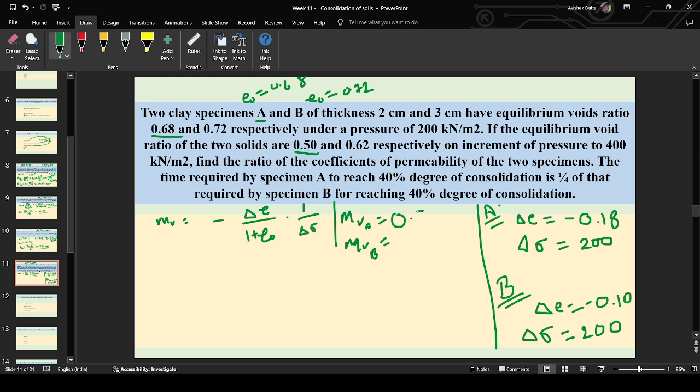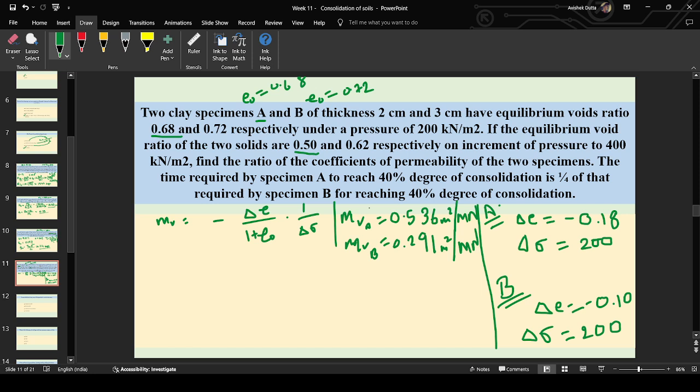So this is 0.536 meter square per meganewton, and this is 0.291 meter square per meganewton. You can also keep it in kilonewton, no worries. Okay, you can check it. This is the value of mv A and mv B.